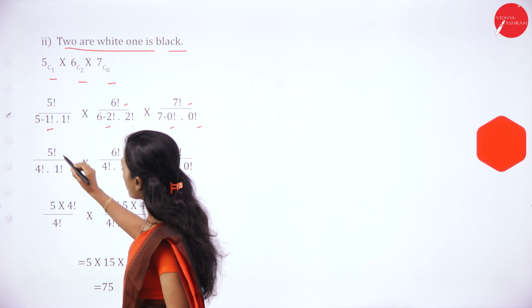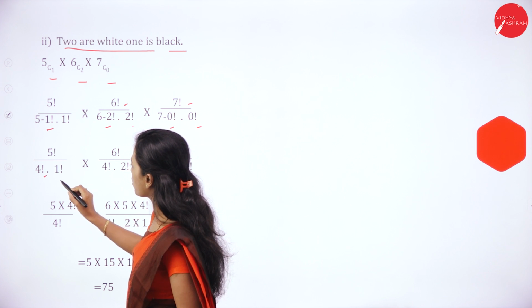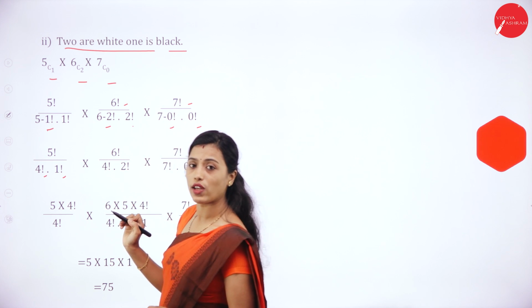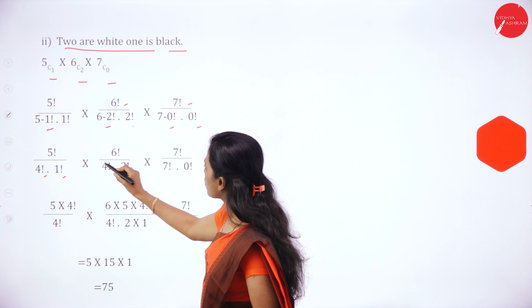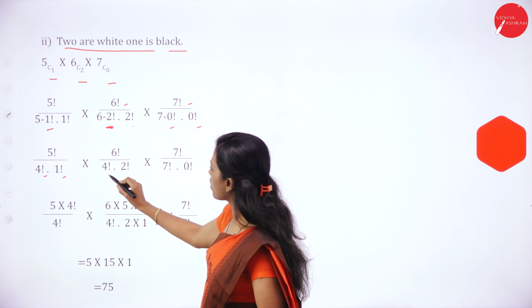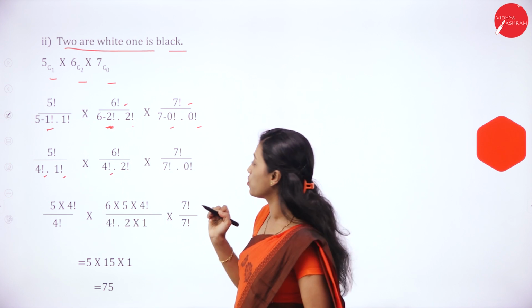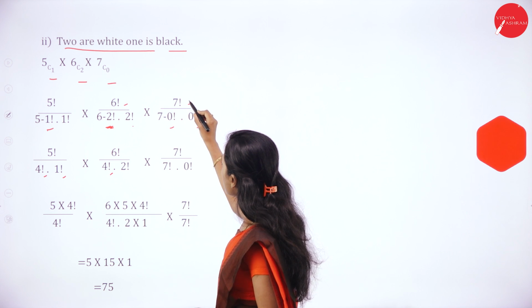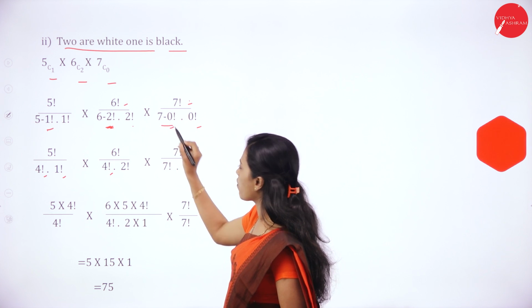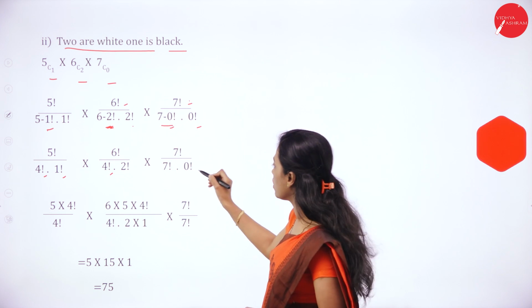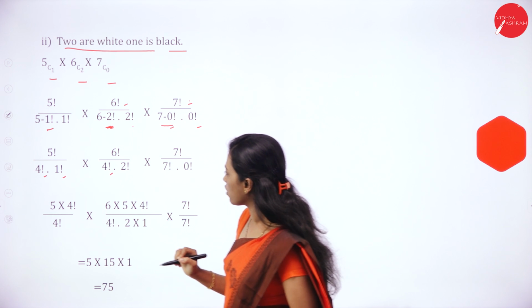That is 5 factorial divided by 4 factorial into 1 factorial, 6 factorial divided by 4 factorial into 2 factorial, into 7 factorial divided by 7 factorial into 0 factorial.